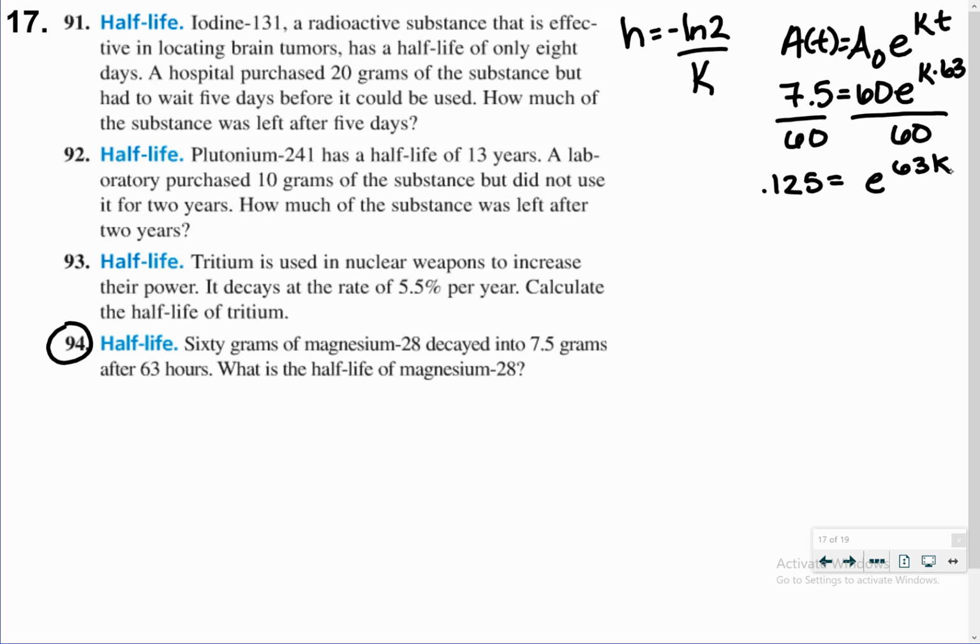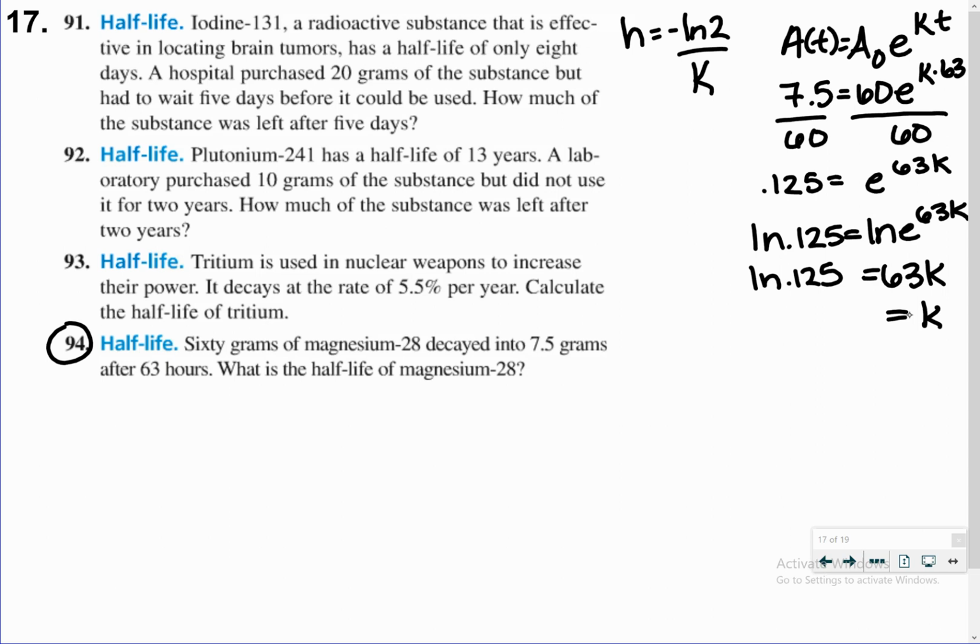In this problem, because it's base e, what log might save us a step? If I do natural log of both sides, natural log of e to the 63k, natural log is log base e, and I have an exponent base e, so those cancel. That leaves me with 63k equals natural log of 0.125, and then to solve for k, I'm just going to divide by 63.